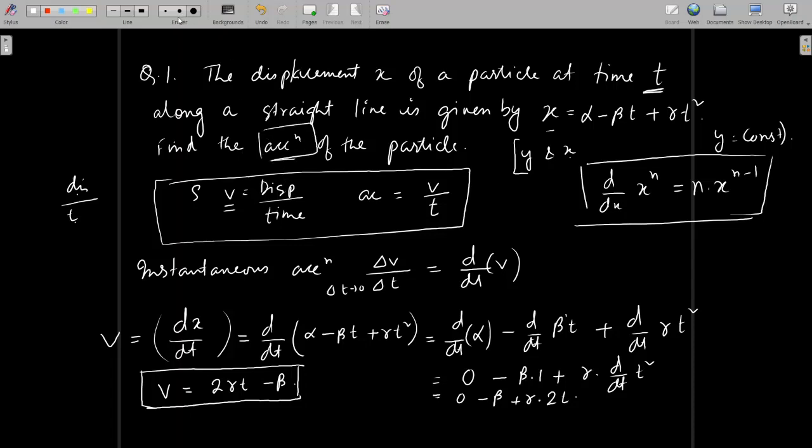Okay, also the new page. And so our velocity is 2 gamma t minus beta. So we got our velocity is equal to 2 gamma t minus beta. Okay, now we need acceleration.